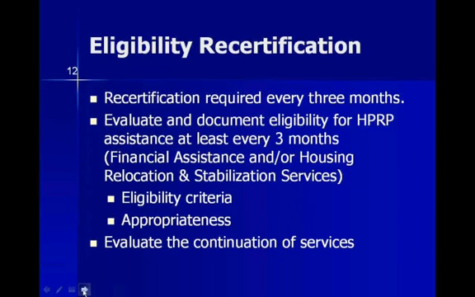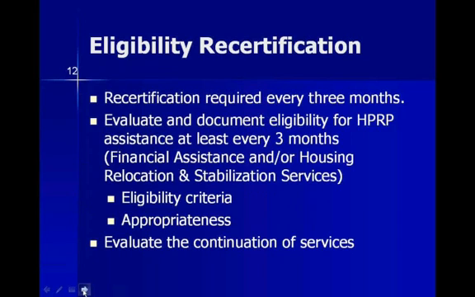The application of the rule may vary in different circumstances, but if you're providing ongoing assistance, like consecutive months of assistance, the recertification should be 3 months from the original eligibility assessment date. And that should be done before you either provide or approve an additional, or a 4th month of assistance.